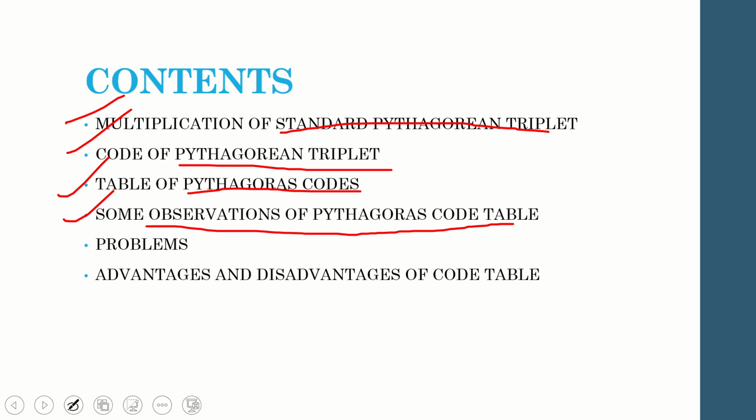Up to these three parts we have covered. Today we are going to cover this observation, some problems, and we will discuss some advantages and disadvantages of the code table.